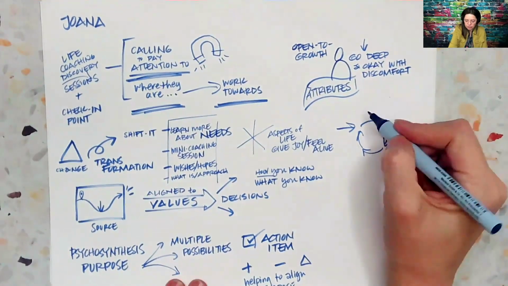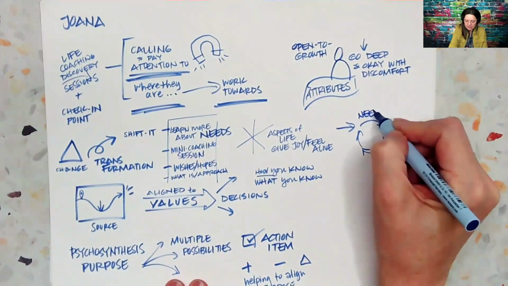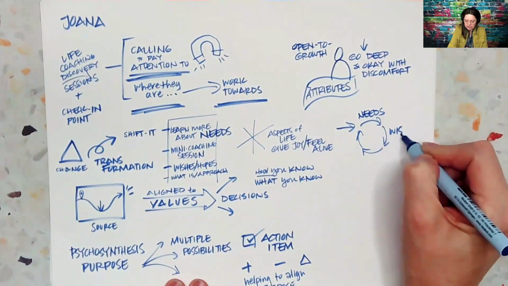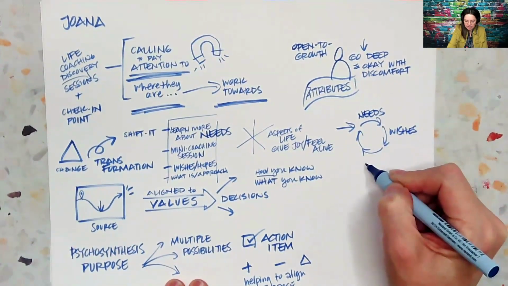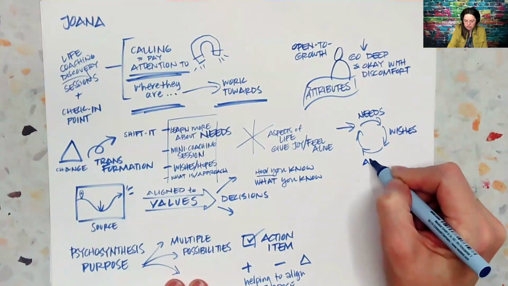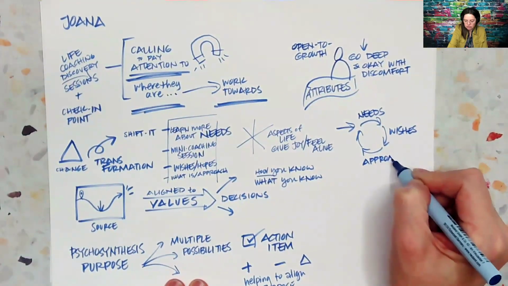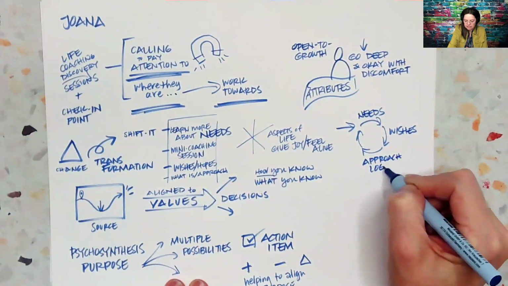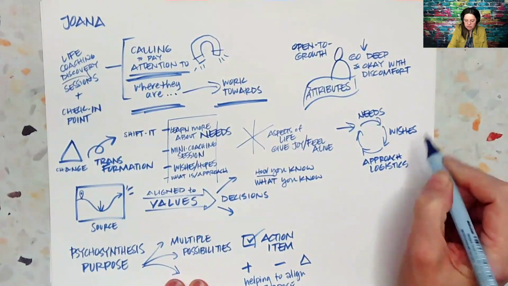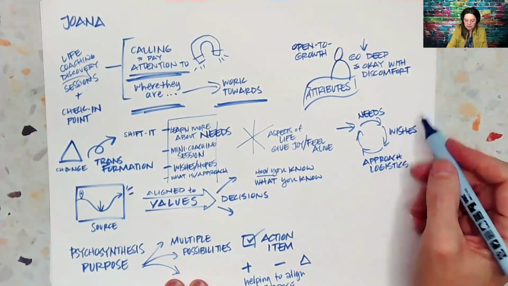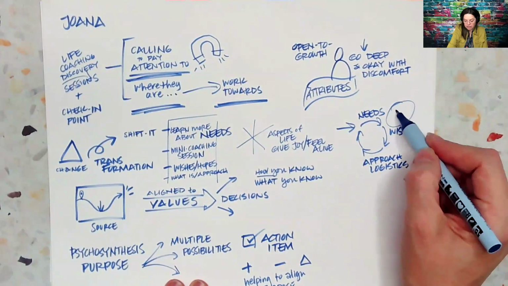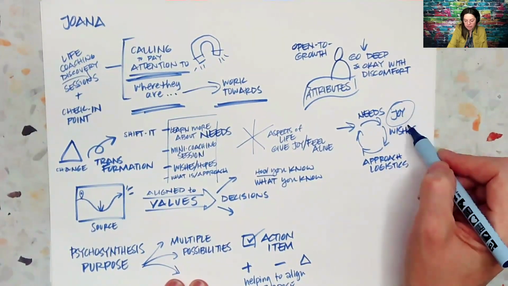But literally, when you talked about needs, wishes, your approach, that's the design. This is what it's going to look like, logistics. And then you say, what gives you joy, because I love talking about that.